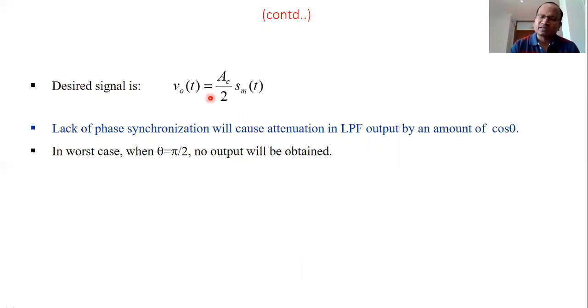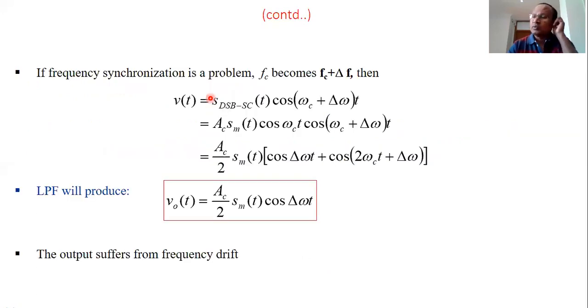So phase synchronization is a problem, and therefore that phase synchronization problem also needs to be dealt with. And therefore we said that whenever there is absence of carrier, a lot of complexity and expenditure is involved at the receiver.